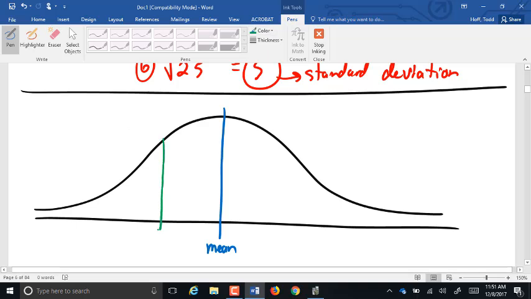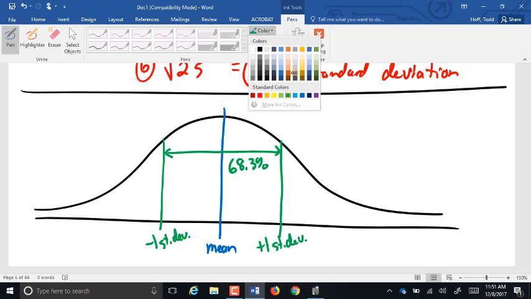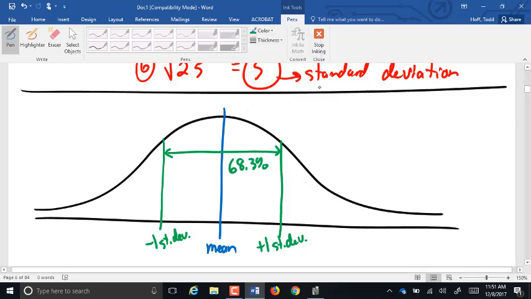If I go out 1 standard deviation on each side, so this is -1 standard deviation, this is +1 standard deviation. Now we're going to put numbers in for those in a little bit that might make it a little more clear as to what that means. 68.3% of the data is within 1 standard deviation of the mean. If I go out another standard deviation in each direction, so this is -2 standard deviations, this is +2 standard deviations.